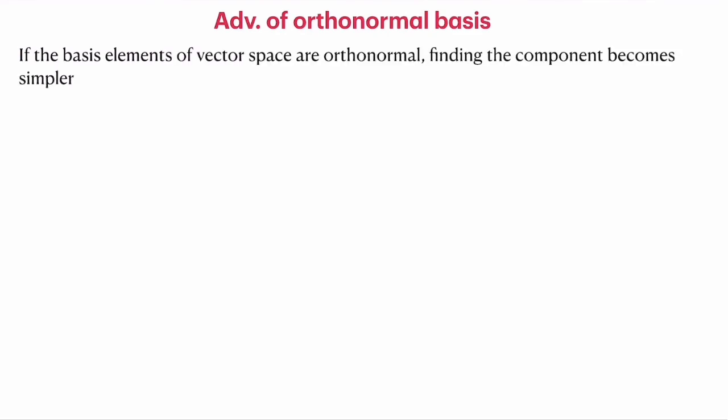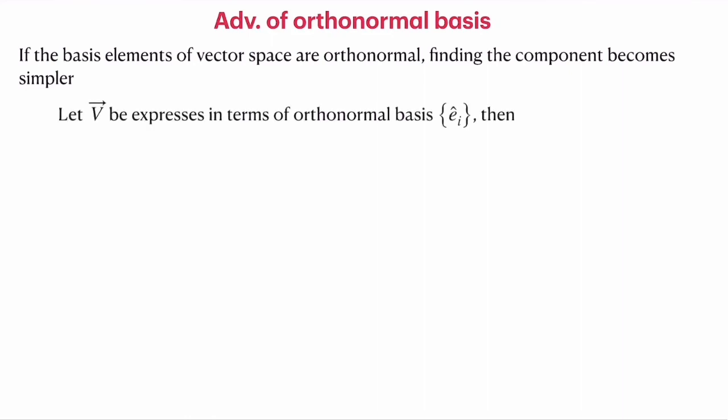We have seen that a vector space can have several bases, and not all bases need to be orthonormal. There are certain advantages to having an orthonormal basis. If the basis elements of a vector space are orthonormal, finding the components becomes simpler. Let V be the vector expressed in terms of an orthonormal basis.